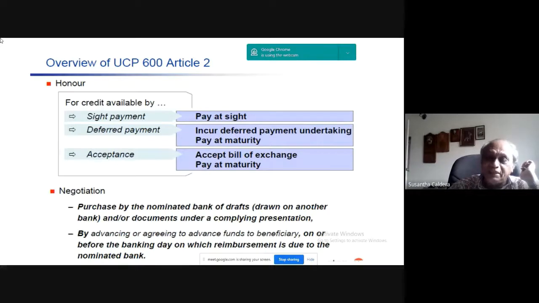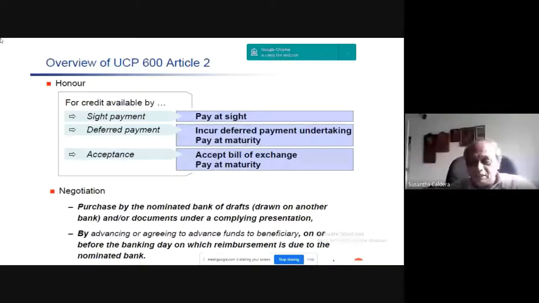So I go behind the customers and tell them, why not? I will advance funds to you. You don't have to wait till 90 days. I will advance funds, because I have an irrevocable undertaking by the issuing bank that they will pay me on the 90th day.